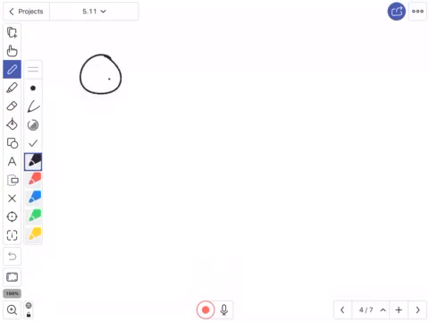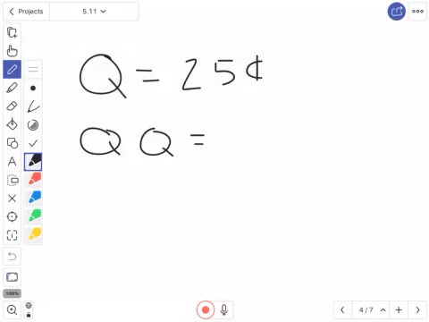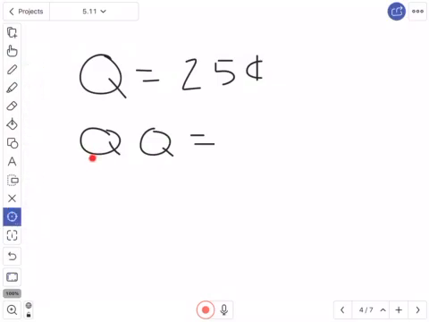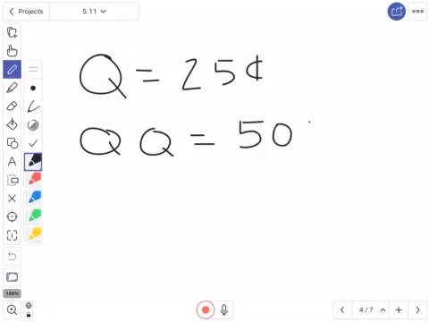So if I have 1 quarter, just think in your head, 1 quarter is worth 25 cents. If I have 2 quarters, 2 quarters is worth 50 cents.